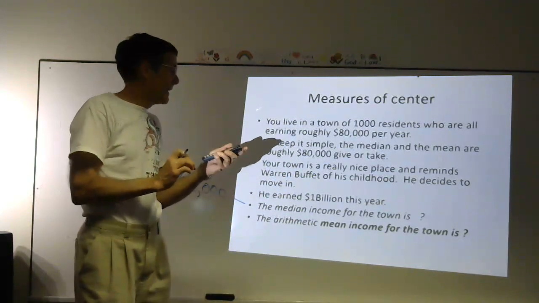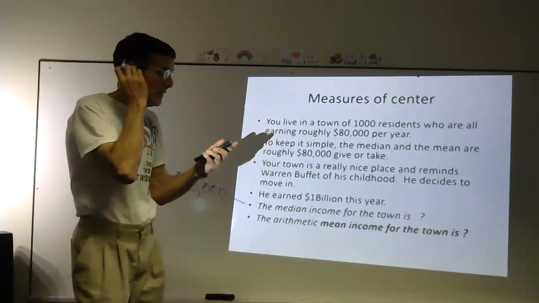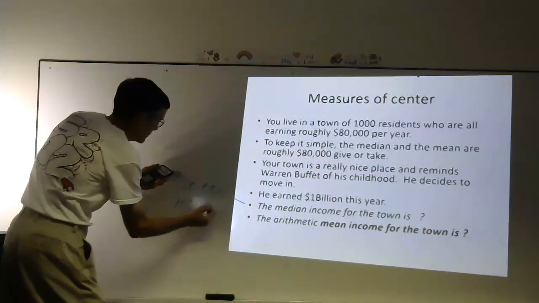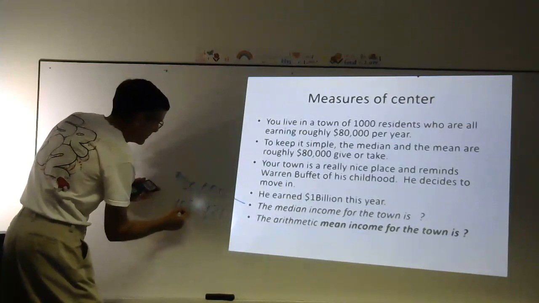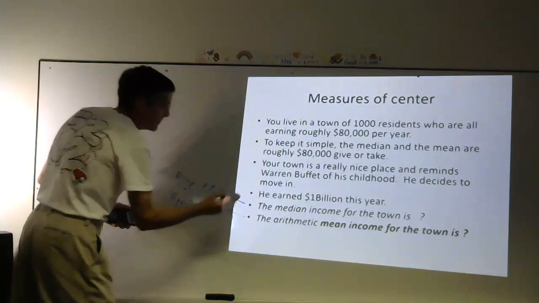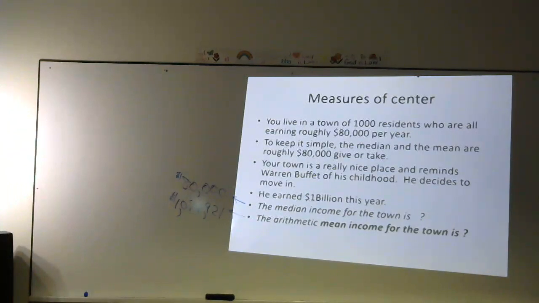Add that up and divide by 1,001, and look what we get. The mean income is now $1,078,921.